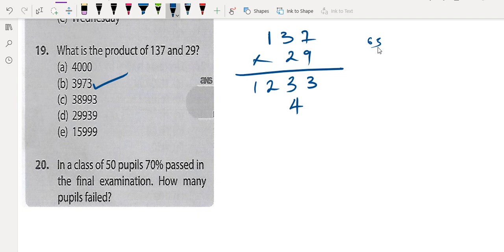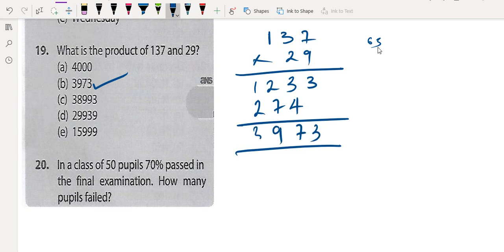Write down 4 and hold 1. 2 times 3, 6, plus that 1, 7. 2 times 1, 2. So add. 3 plus 4, 7. 7 plus 2, 9. 2 plus 1, 3. Okay, 3,973. That's simple.